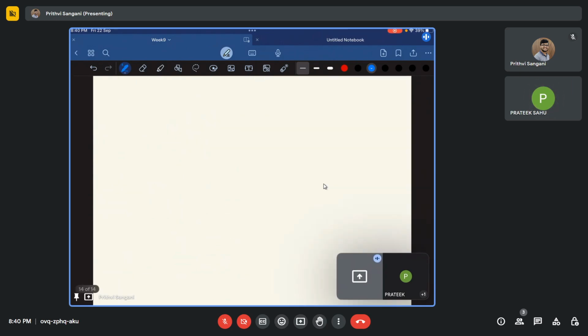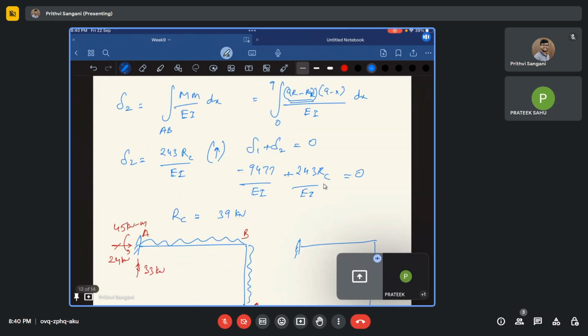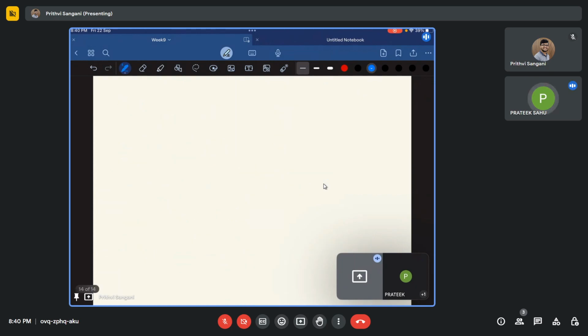Okay. I'm just writing it down. Maybe you can go back and you can solve the question. I'm just writing down what is my RC in this condition. So this is my beam. This one is 1 kilonewton, and my RC is going to be... Did I solve for it?